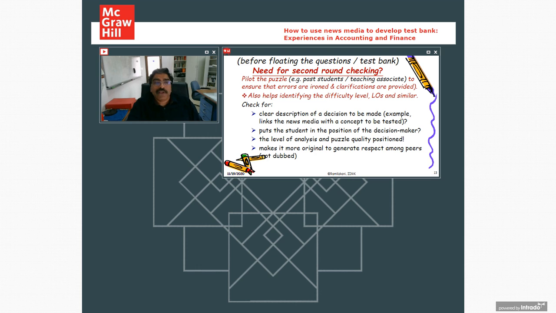Now, the point is, before floating the questions or test banks, yes, Professor Archana, there will definitely be a difference of views out there. And it is very important afterwards, if you are having a match the following like this, to share the relevant news media based sources or your own background for taking it further, to ensure that the buy-in of the students is very good.